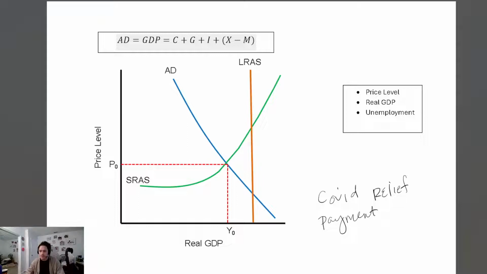If we implement our COVID relief payments, that is intended to increase consumption, but the immediate thing that occurs is that we're going to have to increase government expenditure. We're increasing government expenditure by distributing direct transfers to all of these citizens who are below a certain income threshold.